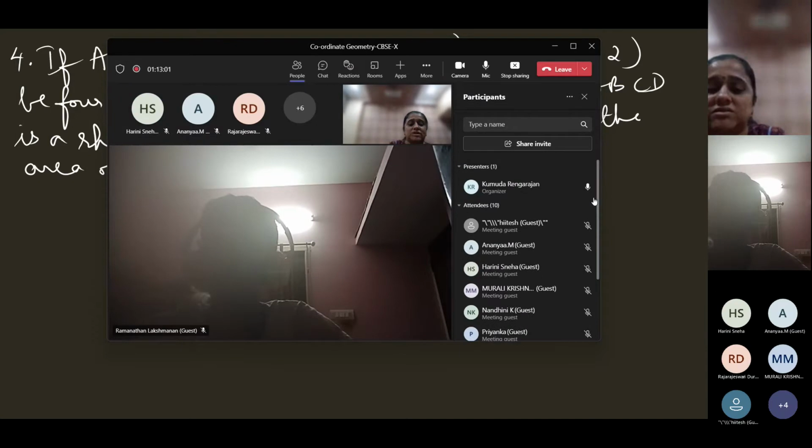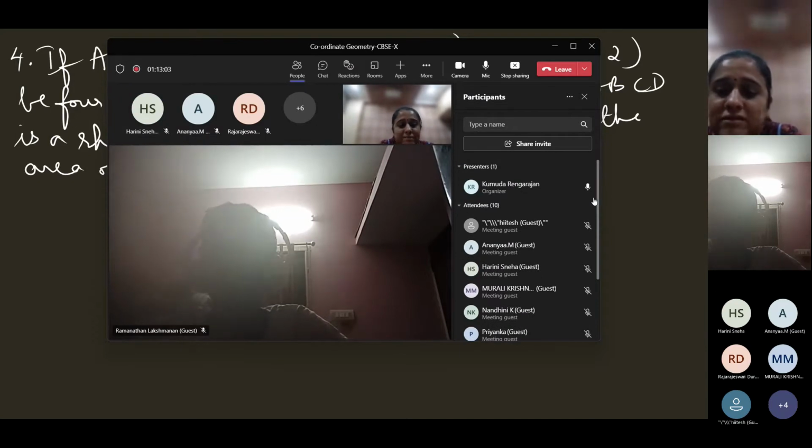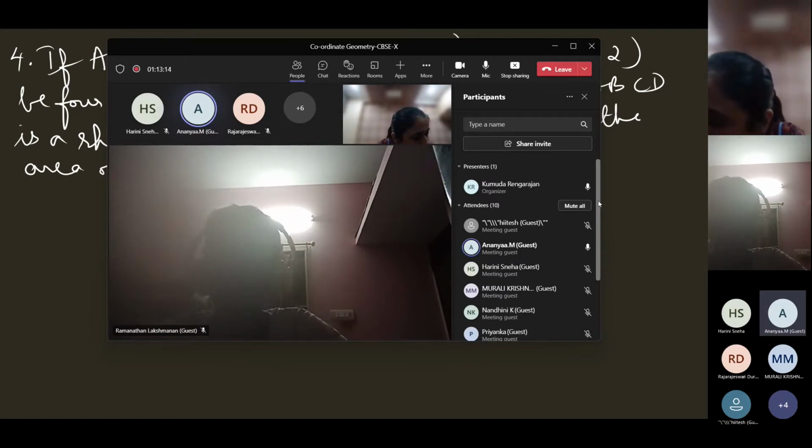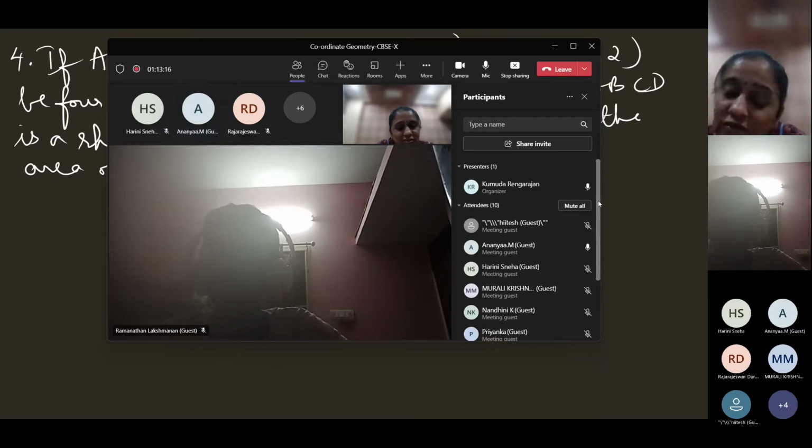Others? They completed circles and areas related to circles in school. You finished, is it? Okay. Yeah, arithmetic progressions we have. Okay. You want to learn something which is not taught in school. Very good.